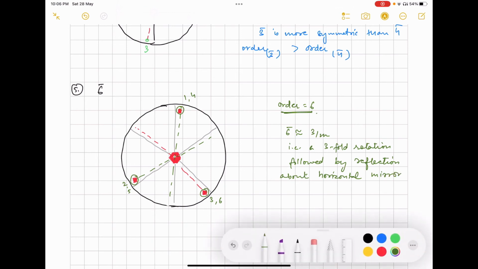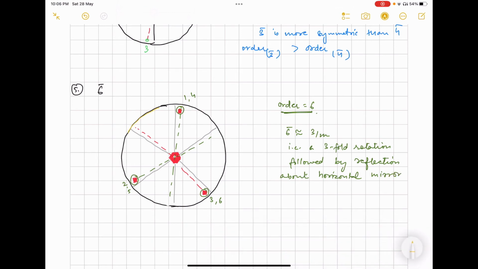So in such a case, this boundary, this plane acts as the mirror itself. This is the mirror, and then this is 3-fold. So this 6 bar is equivalent to 3 by m. So this was about roto-inversions.